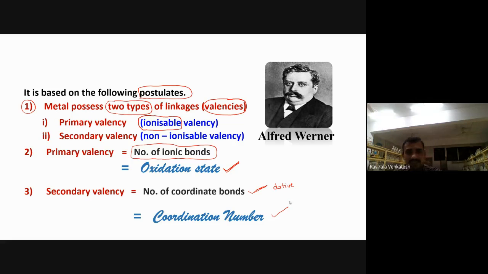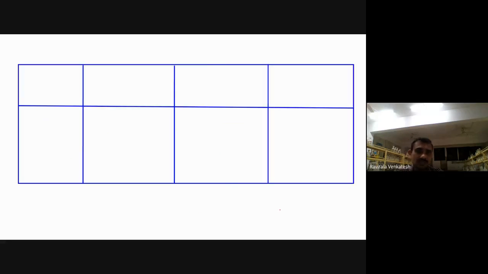I will explain what the coordination number is and how to find the number of coordinate bonds with an example. For now, just remember: oxidation state means primary valency, and coordination number means secondary valency. Now we'll take examples.